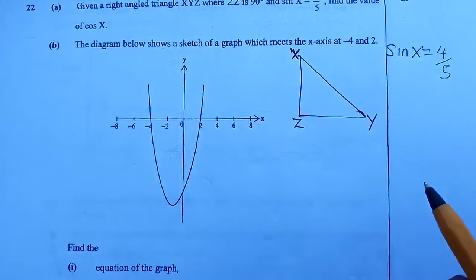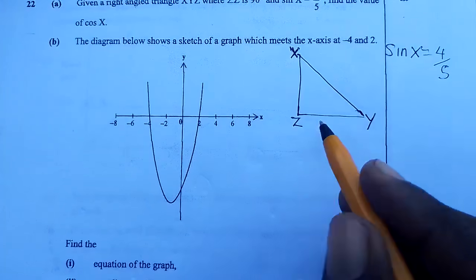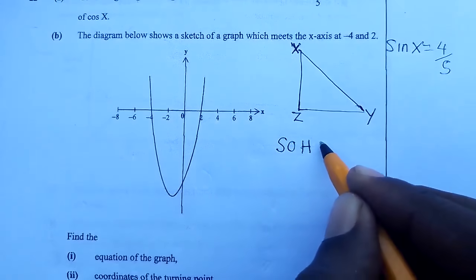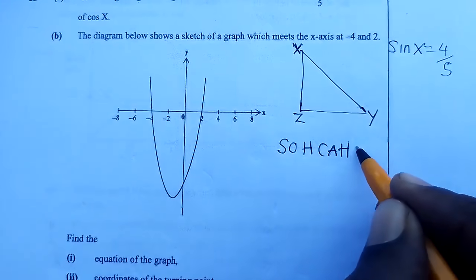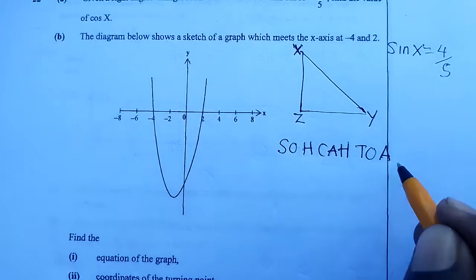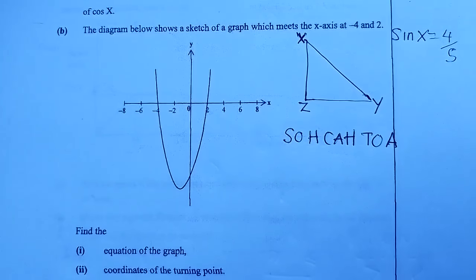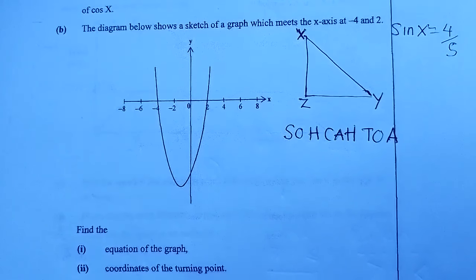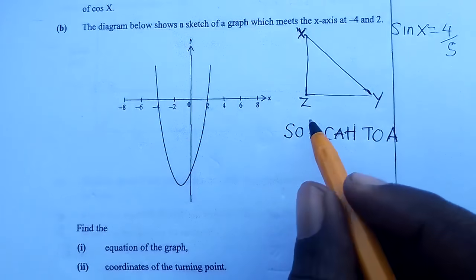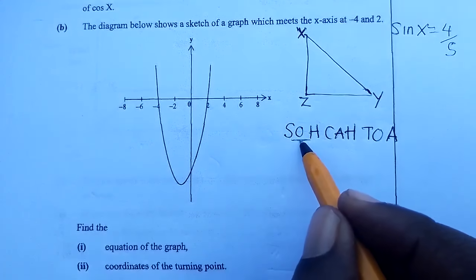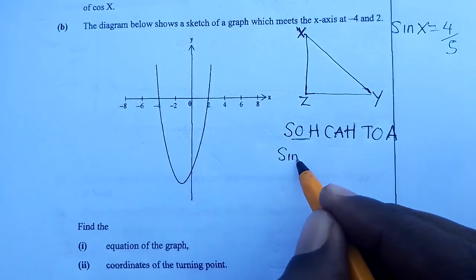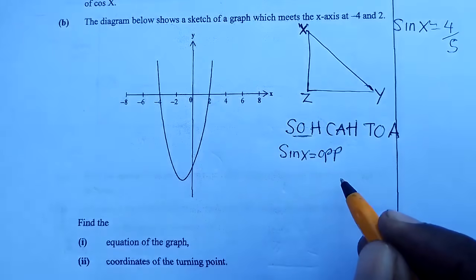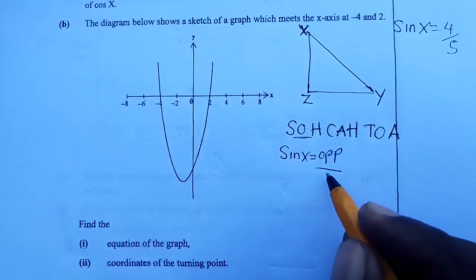This is falling under SOHCAHTOA, so you need to know what SOHCAHTOA is. Sine means opposite over hypotenuse. So when I say sine X, it is opposite over hypotenuse.